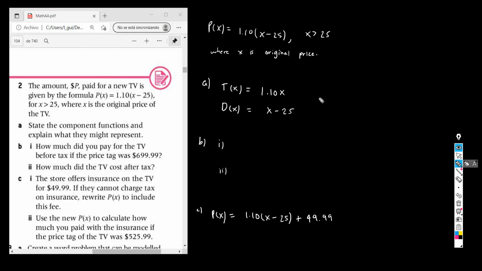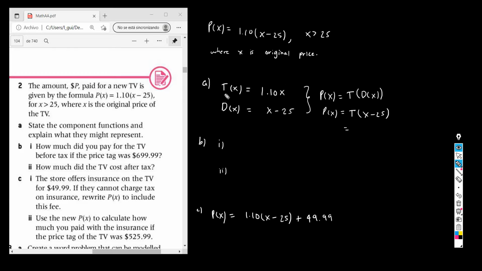Then p of x can be understood as t of d of x. You see? So p of x is actually a composite function. It is a composition of t with d, t of d of x. And if you want me to convince you, then just do this. Evaluate t in d of x, which is x minus 25.